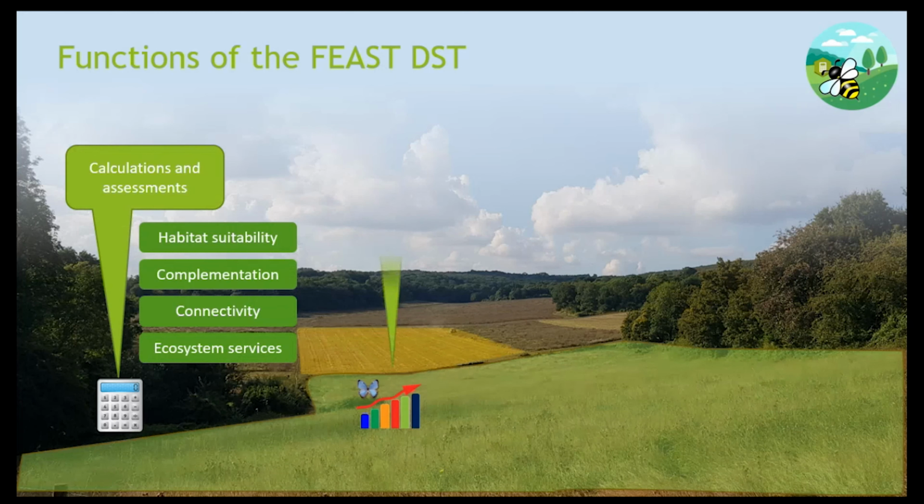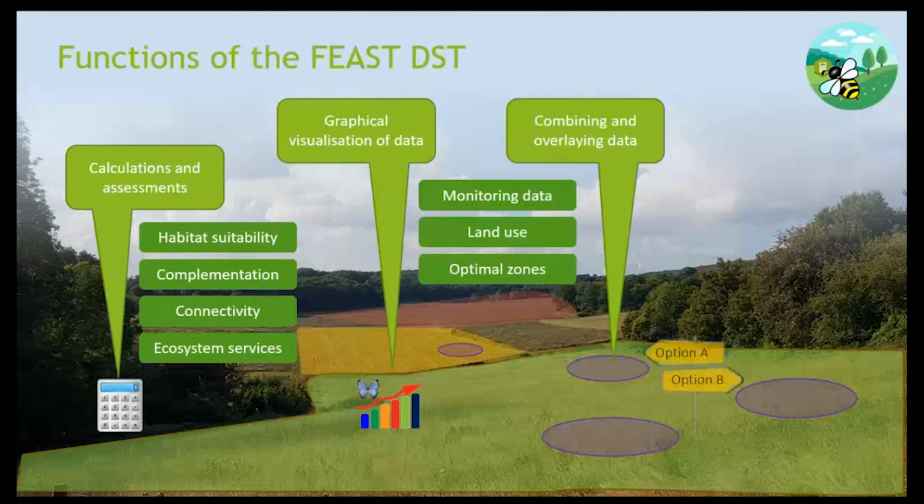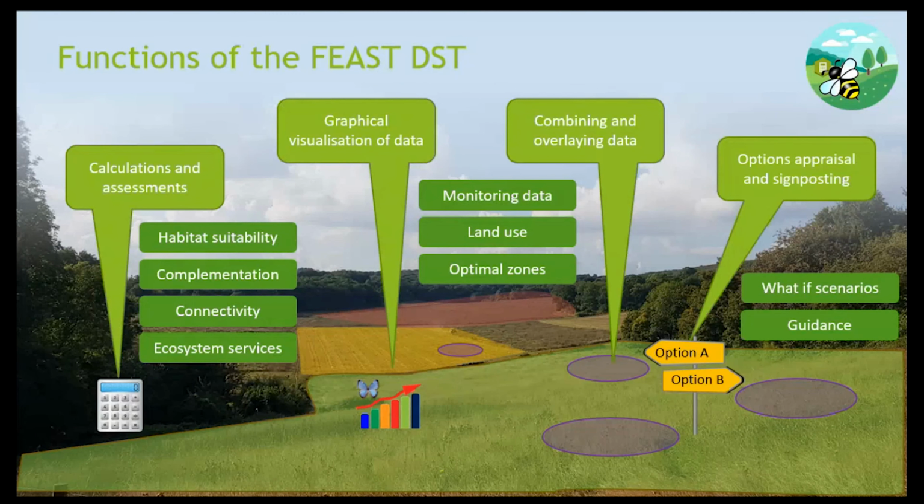So that brings us onto the actual software tool itself. We can do various functions within the tool. There are various calculations and assessments: habitat suitability, accounting for complementation and connectivity, and we can also calculate ecosystem services. We can graphically visualize the data.